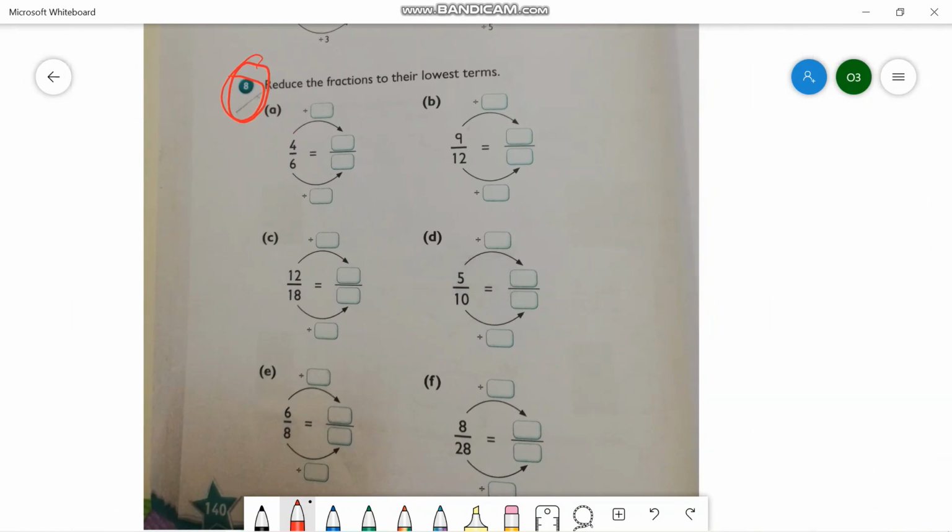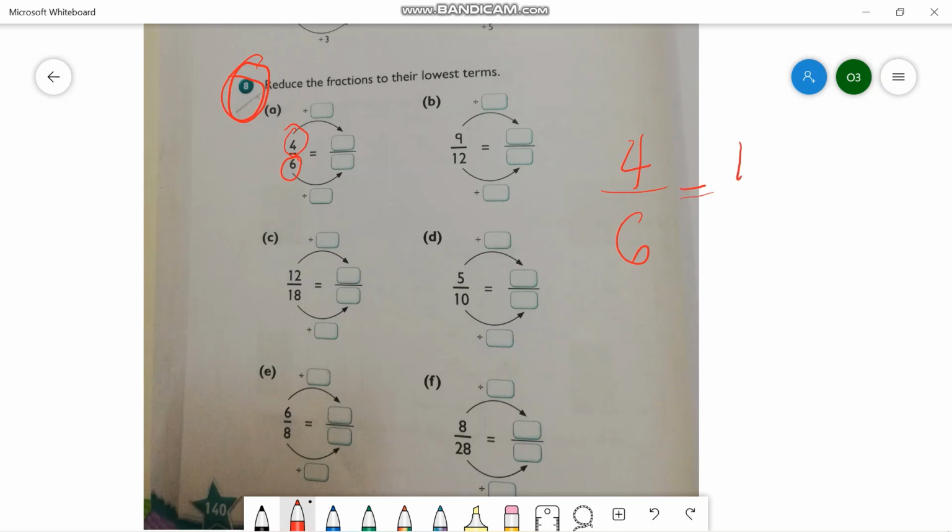So you have to find the GCF of 4 and 6, or the HCF of 4 and 6. Let's list down the factors of 4 and 6. What are the factors of 4?